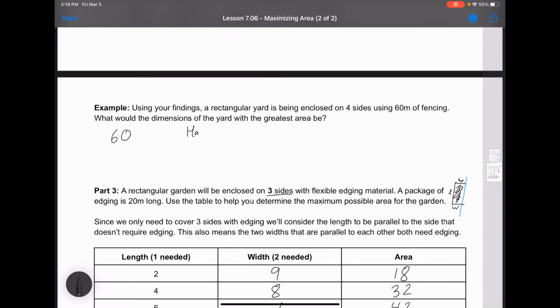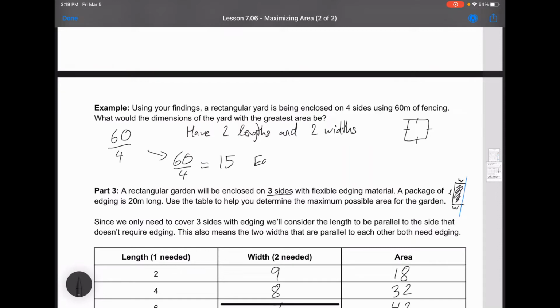We have, let's say, 2 lengths and 2 widths. So in total, if you were to draw it out, you have 4 pieces. And those 4 pieces are all equal, so we can just take 60 divided by 4, which is equal to 15.